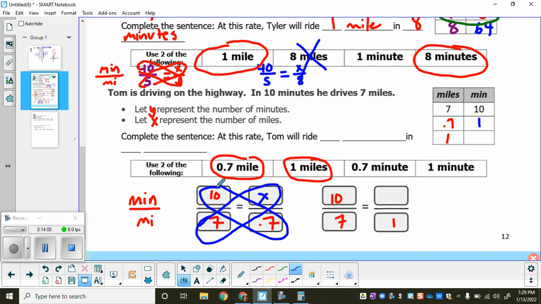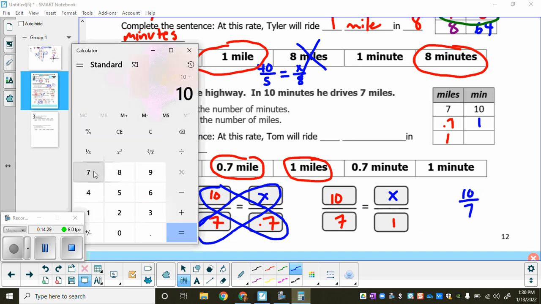Okay, so when I solve this proportion, I get a 1. Now let's solve this proportion. Here, I've got 10, and this 10 is going to be divided here by the 7. So when we do 10 divided by 7, let's round that to about, let's do 1.4. So this would be a 1.4.